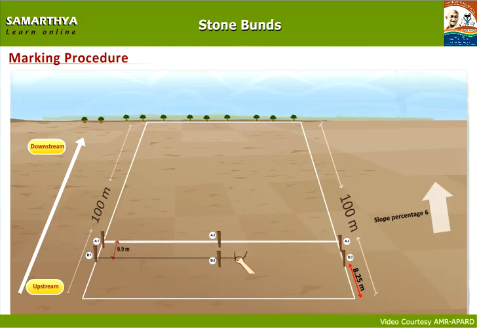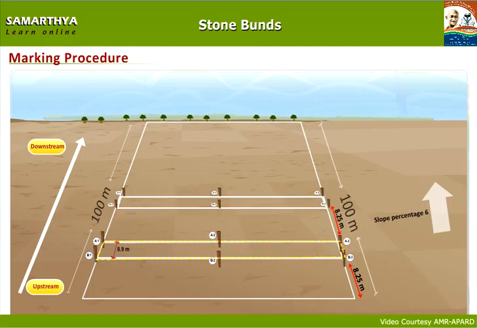Join B1, B2, B3 with a thread and mark it with limestone or chalk powder. The distance between the two marked lines, which is the base of the stone bunt, is 0.9 meters.